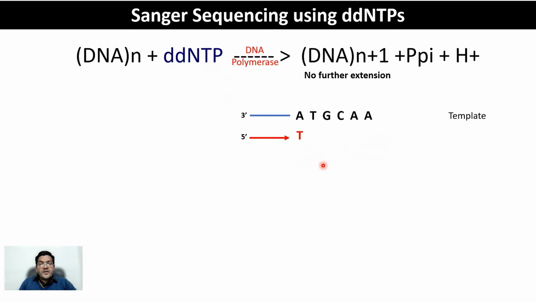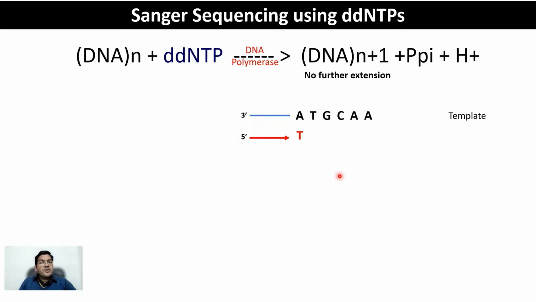If you add a complementary ddNTP, then there can be no further extension of this fragment here. Why? Because there is no free 3' OH group on this thymine. You cannot have formation of a phosphodiester bond with the next incoming nucleotide. So therefore, now this fragment is frozen and cannot be extended any further.